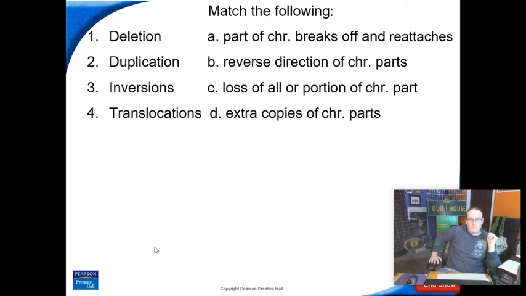Deletion is going to be C. Loss of a portion or all of a chromosome. Inversion is reverse, which is the same as upside down, so that's B. So 3 is B. Extra copies of chromosome parts, that's a duplication, so 2 is D. And that would mean that a translocation is A. Part of a chromosome breaks off and reattaches.